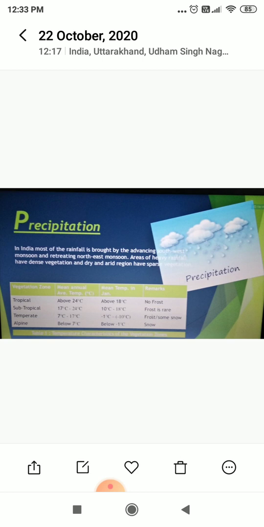There are areas in India with heavy rainfall, and areas which have heavy rainfall have more dense vegetation as compared to those which receive less rainfall. Clear? That's all in this video.